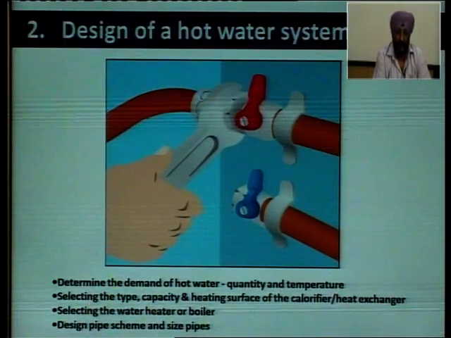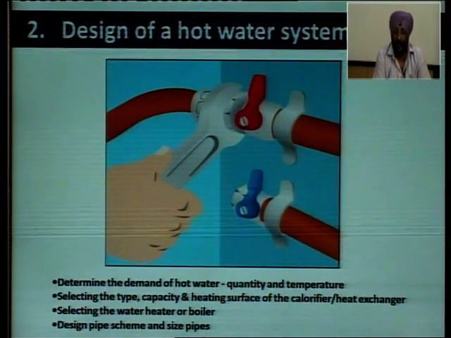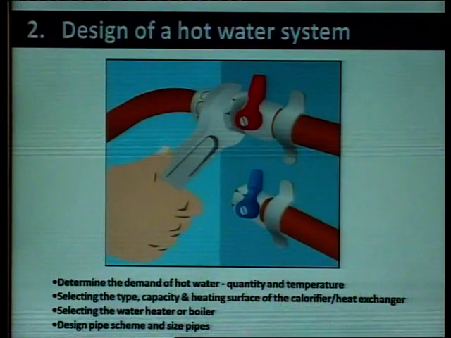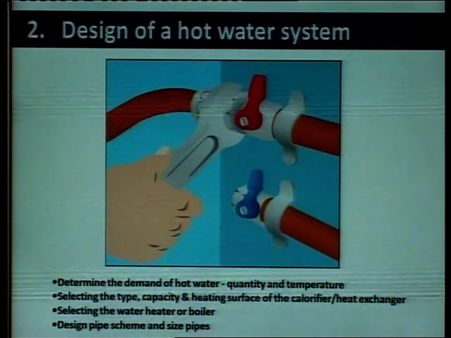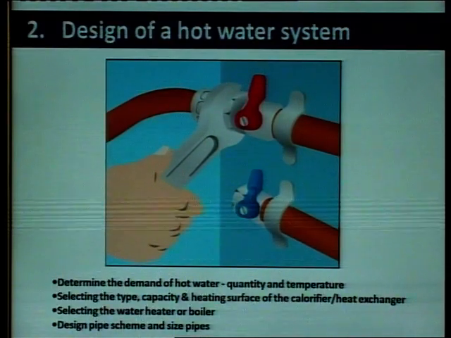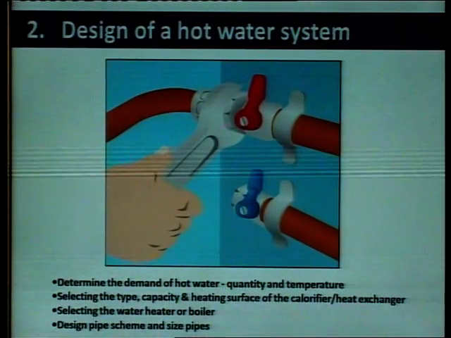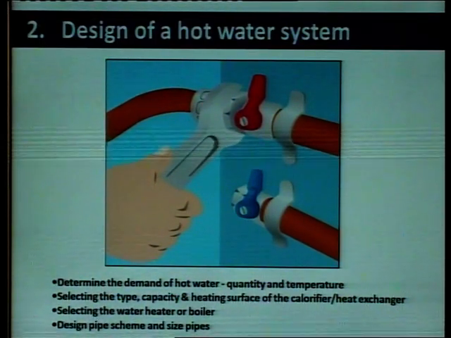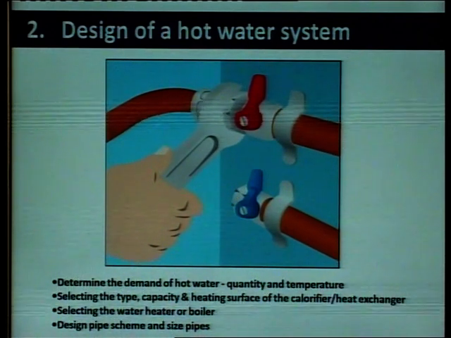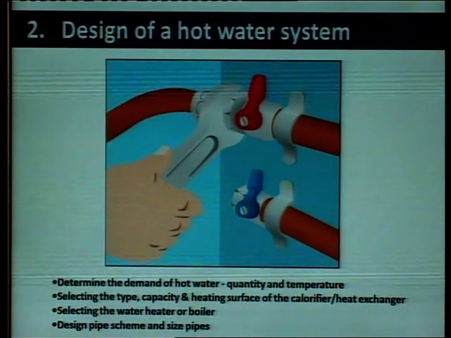Then select the type, capacity and heating surface of the calorifier or the heat exchanger, or, as I said, all these terms are interchangeable, or the geyser you can say in case of residential use. Third is selecting the water heater or boiler and designing the pipe scheme and the pipe sizes. So, from this slide I think it is quite evident that the framework in which an architect has to proceed is, number 1, you have to know the demand.